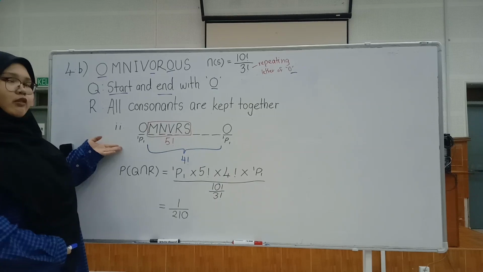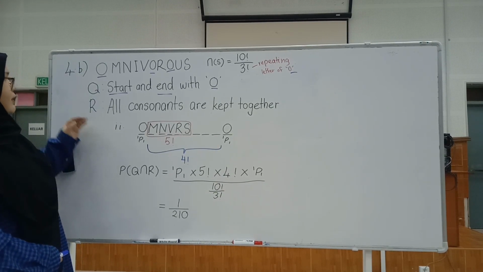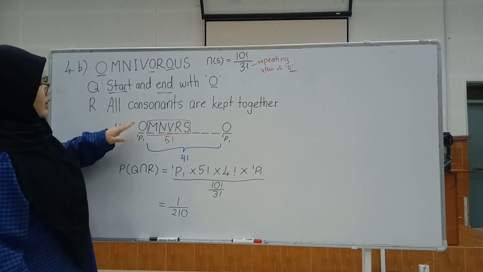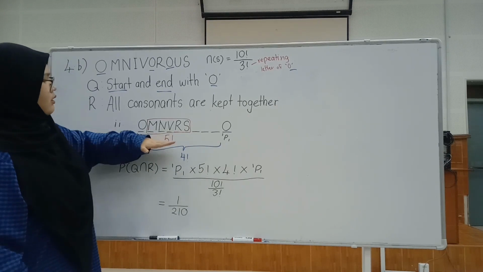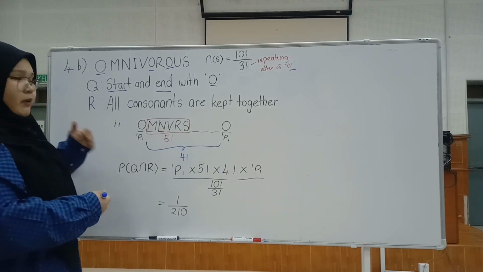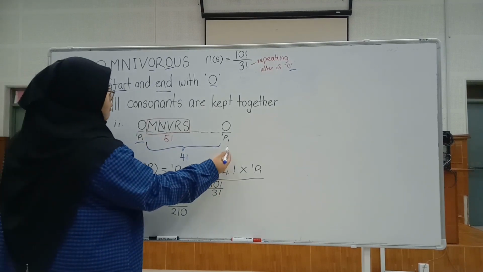We continue with question number 2, which means they want us to find the intersection between event Q and R. So here what they meant is O at the start and O at the end, and all the consonants are put together, either at the front or at the back. So to find P(Q intersect R), there's O here, as usual 1P1, and at the end also 1P1.